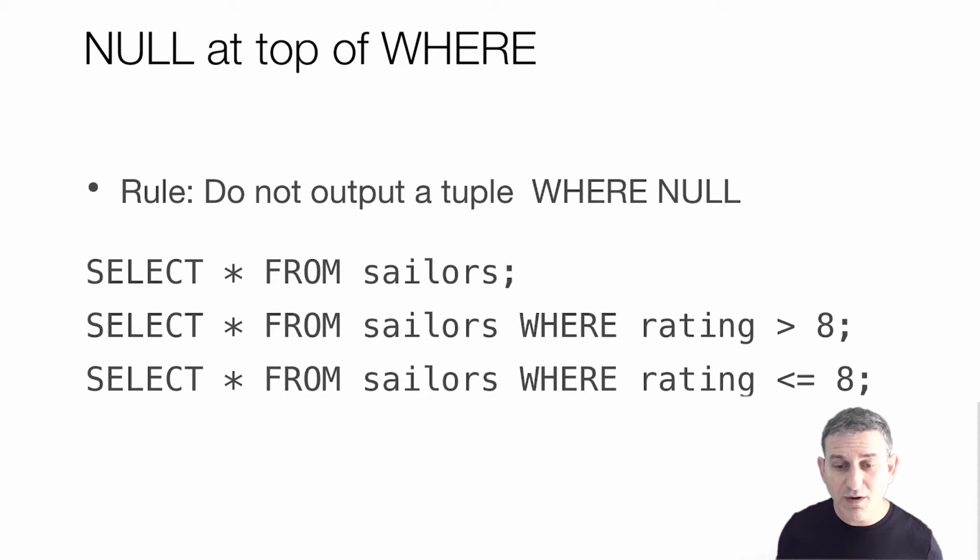For Jack Sparrow, rating is null, so we're saying null is greater than 8. That evaluates to null, and the rule is we therefore don't output Jack Sparrow's tuple from that query. Similarly, if it's rating less than or equal to 8, that's where null less than or equal to 8, which equals null. Therefore, again, we do not output the tuple for Jack Sparrow from that query.